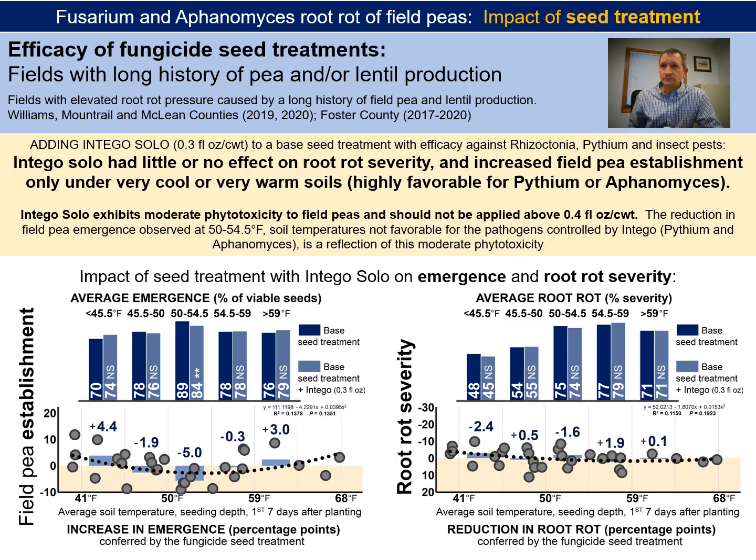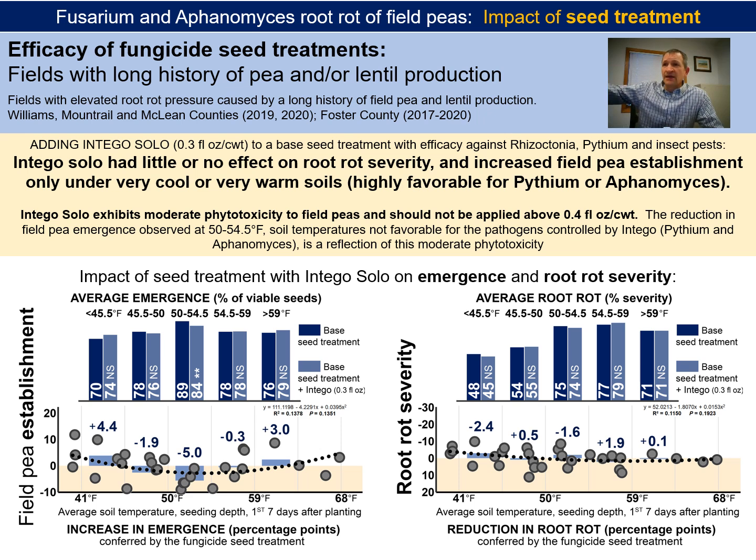Okay. So what did we see in terms of a response? What you saw is that if you look at field P emergence, this is really interesting. Under really cold soils, we saw a little bit of a gain from the seed treatment in terms of emergence, and in really, really warm soils, we saw a little bit of gain. Well, these are the soil temperatures where you'd expect some seed decay and early seedling death due to Pythium in very cold soils or Phantomyces in very warm soils.